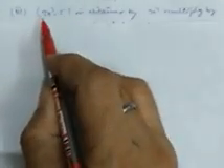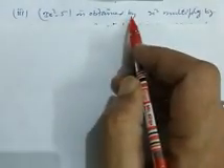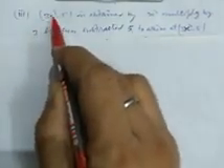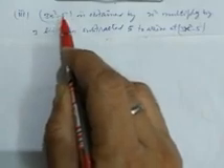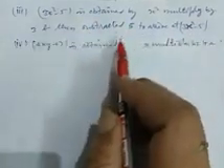This is a single term and this is an expression. 3x square minus 5 is obtained by x square multiplied by 3 and then subtracted by 5 to arrive at 3x square minus 5. So this way our expressions are formed.